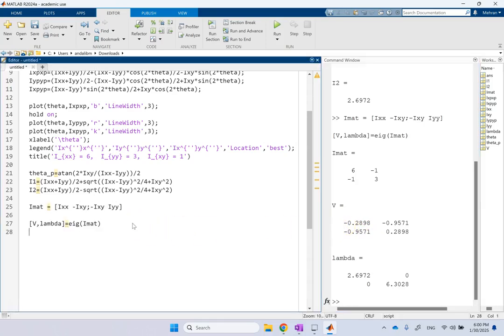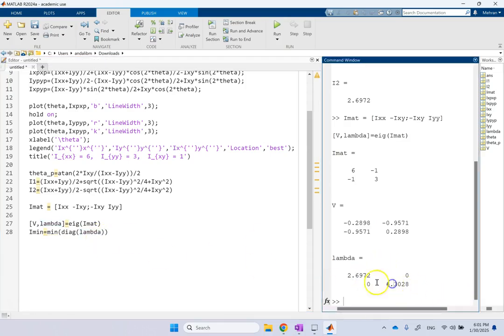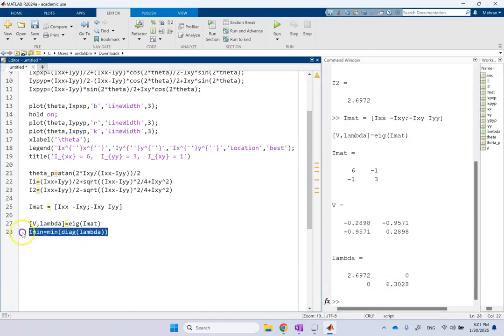So here we say I min is equal to the min of diag of lambda, because when you say diag of lambda, it only gives you these two numbers, and when you say min, it should give you the minimum of the two.